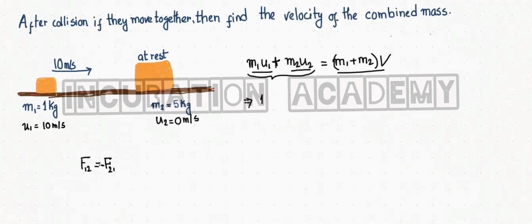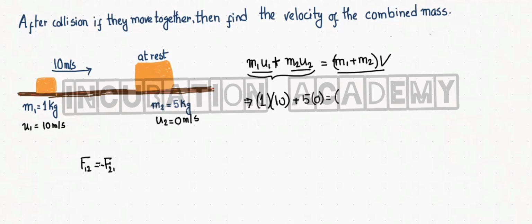So the mass m1 is 1, so I am putting the values. u1 is 10, so 1 into 10, plus m2 is 5, u2 is at rest, so 5 into 0.